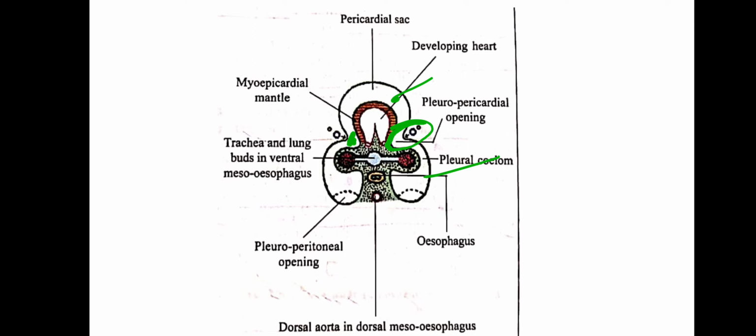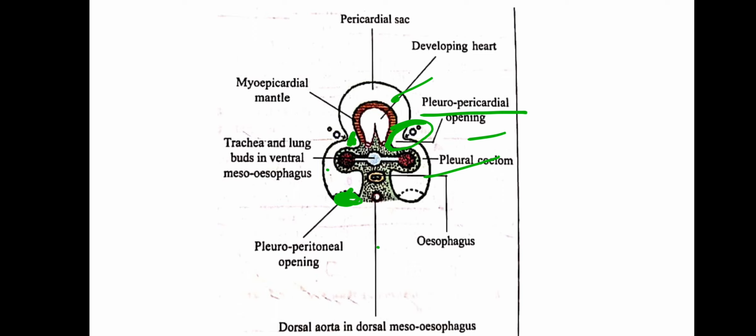Between the pleural cavity and the peritoneal cavity, you have the pleuroperitoneal canal. This pleuropericardial canal is going to be closed by the pleuropericardial membrane.